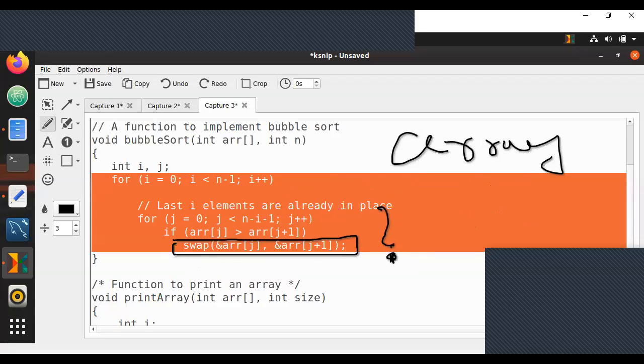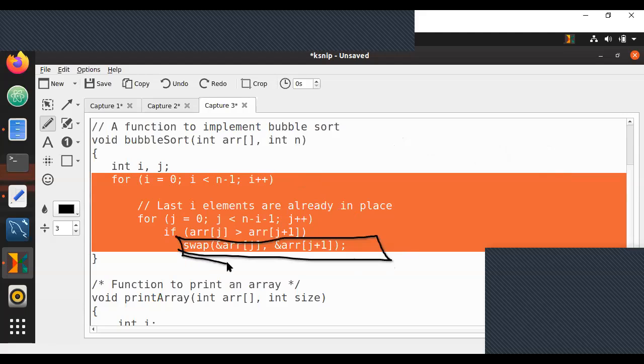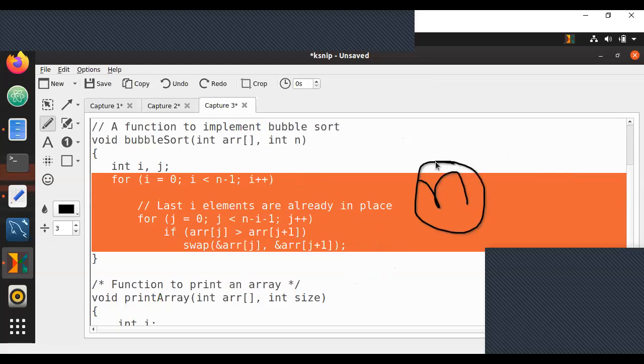If the array is already sorted, the swap function will not execute. It will just go through these for loops and go through the if condition. That's it. But it will never execute the swap statement. So the best time complexity is n.